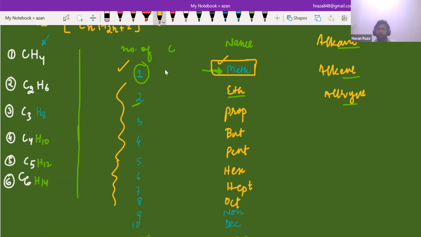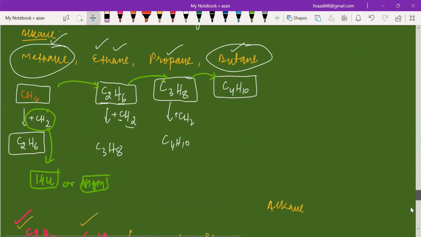Meth. Sir, meth. One carbon meth, two carbon eth, three carbon prop, four carbon but, five carbon pent, six carbon hex, seven carbon hept, eight carbon oct, nine carbon non, ten carbon dec. Okay. Yes, sir.